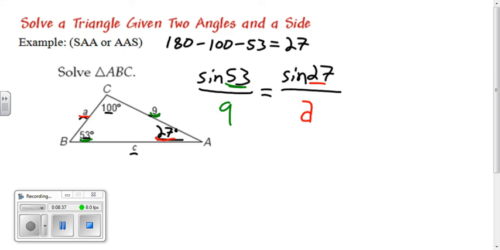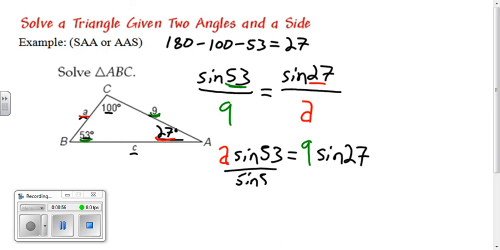Now, to get A alone, we just cross multiply and divide. So we would say A times sine 53 equals 9 times sine 27. And we just need to divide out sine 53.